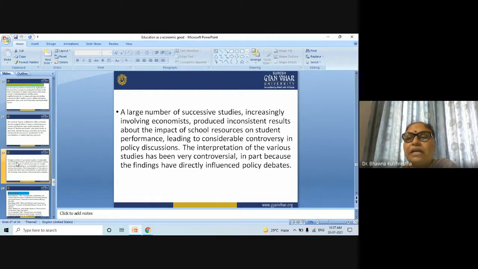This debate has entered into legislative debates and court consideration of school finance systems. Additionally, policy discussions about class size reduction heightened academic study of the relationship of class size and achievement.